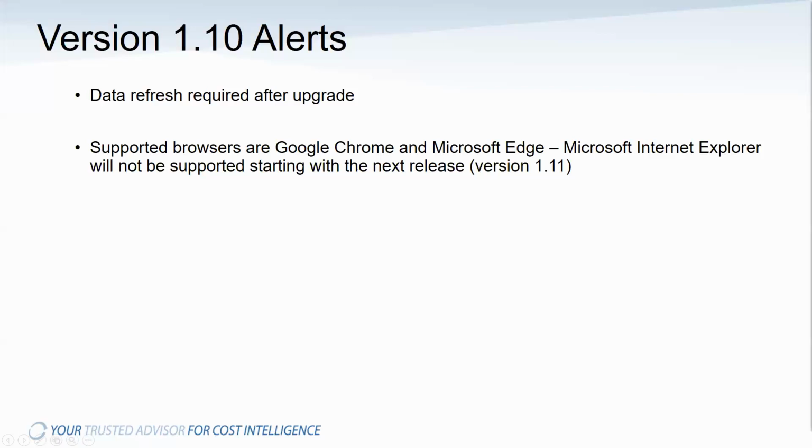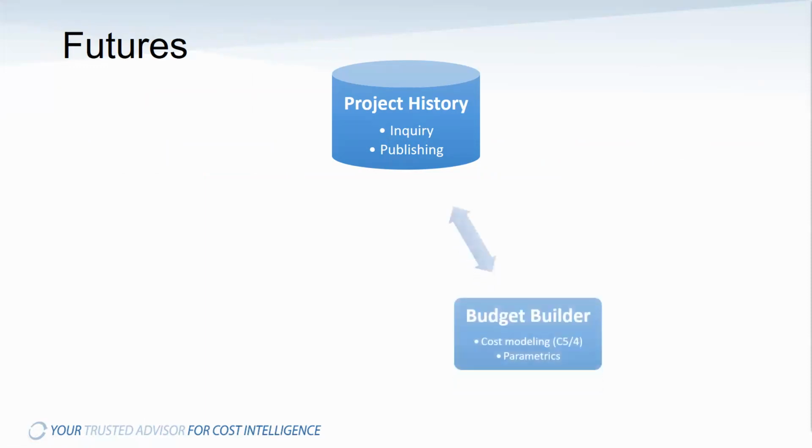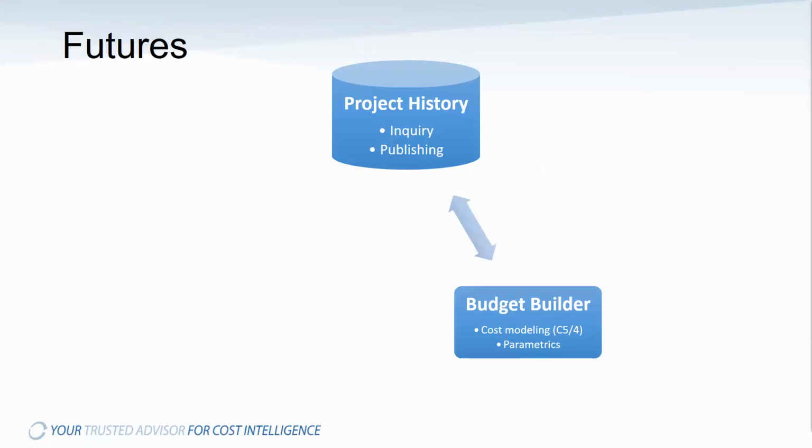Going forward and what to look for from Cortex, project history is now the currently shipping module. We are under development for release late in 2020, early 21, with our budget builder module, where we'll take those concepts of cost estimating relationships and more regression trending to support cost modeling and parametrics, both at the project level as well as the cost element level.